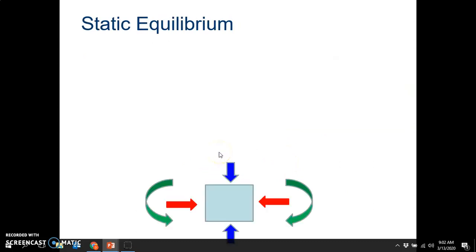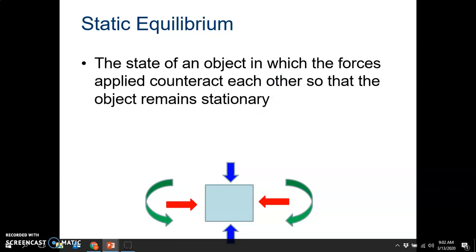So here's probably a newer concept for most of you guys. It's called static equilibrium. Static equilibrium is where the sum of all forces equals zero. You might have heard that before, Newton's laws type things. So basically what it means when you're in static equilibrium is that all your forces cancel out, so the object's not moving. I have a force applied downward and then an equal and opposite force applying upward to keep it from moving.